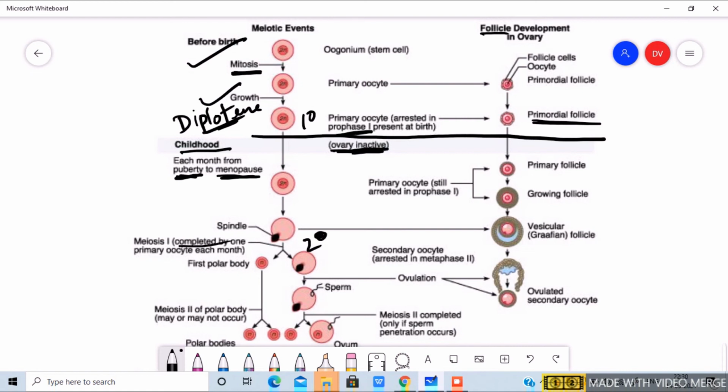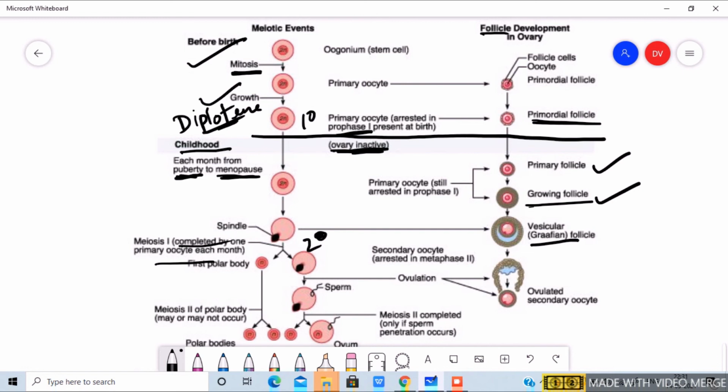Look at the follicular growth during that period. It has converted from primordial to primary follicle to the secondary, tertiary growing follicle, and finally the Graafian follicle. Graafian follicle is also known as vesicular follicle.